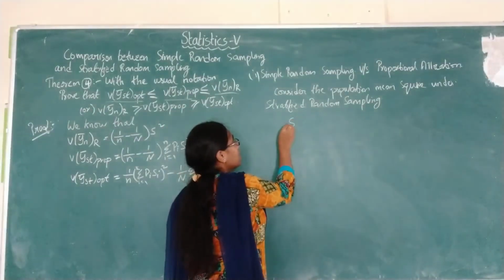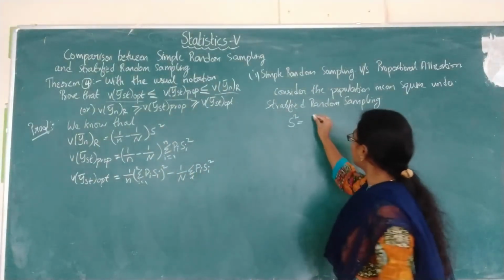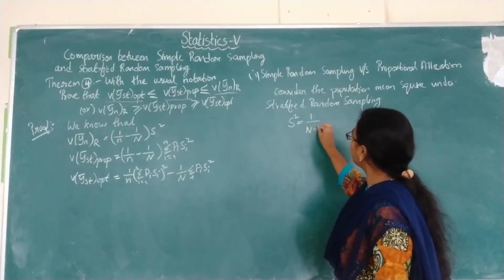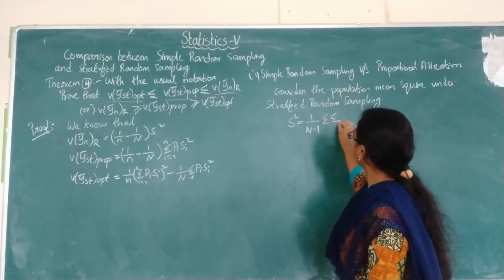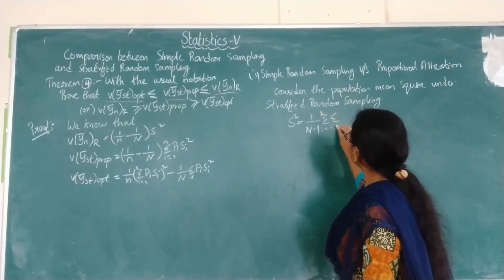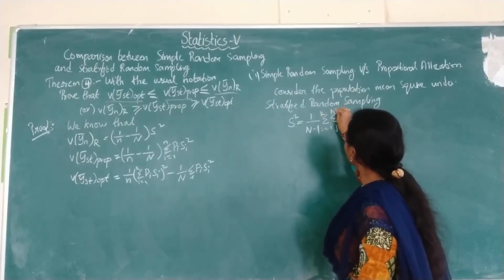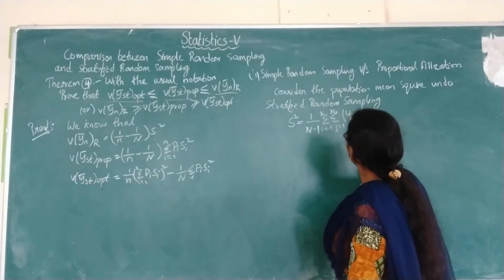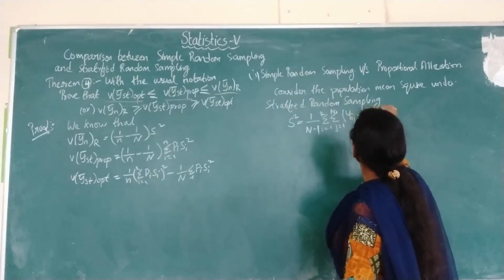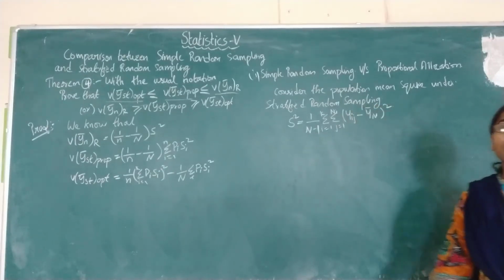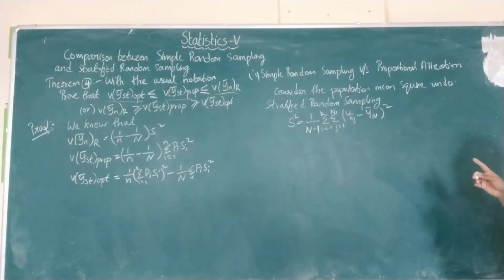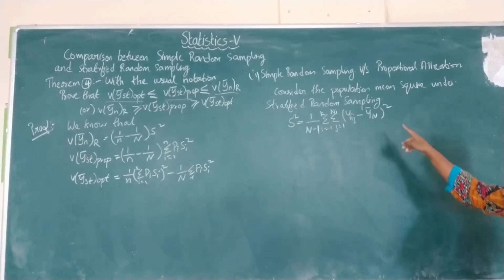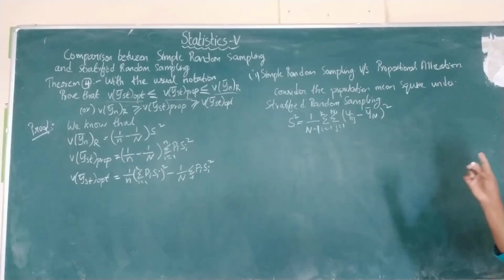So what is the S² value? S² equals 1/(n − 1) double summation i equals 1 to k, j equals 1 to ni, of (yij − Ȳ)². So this is the population mean square formula in the stratified random sampling. After that, inside the summation I am going to add and subtract Ȳi.